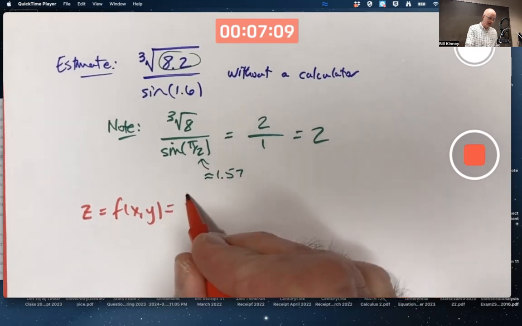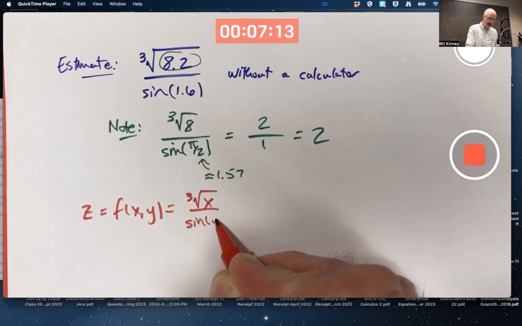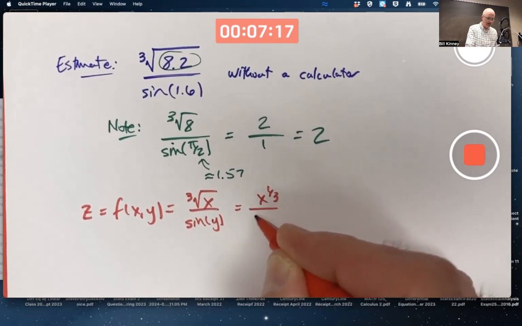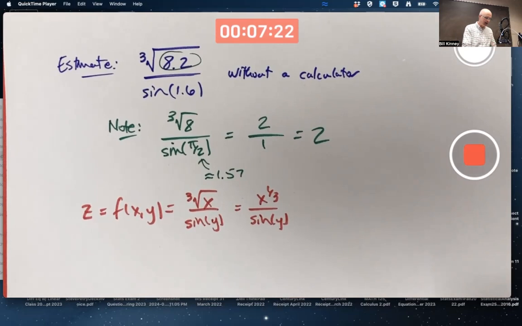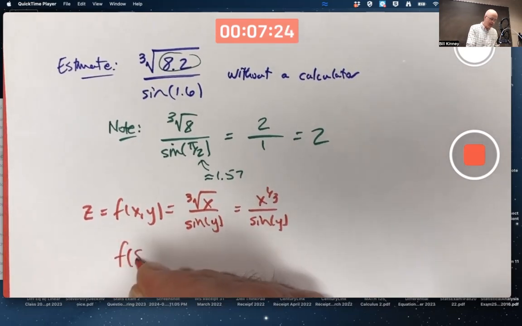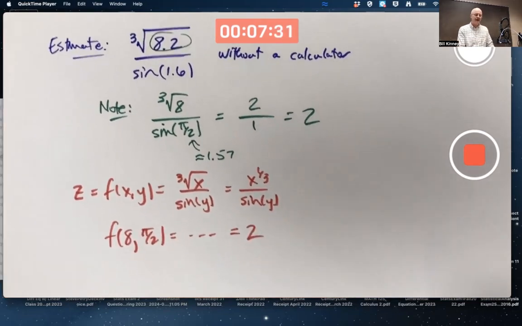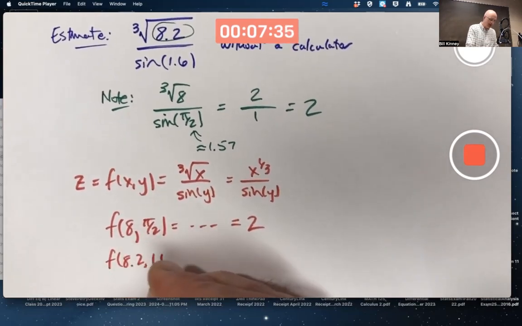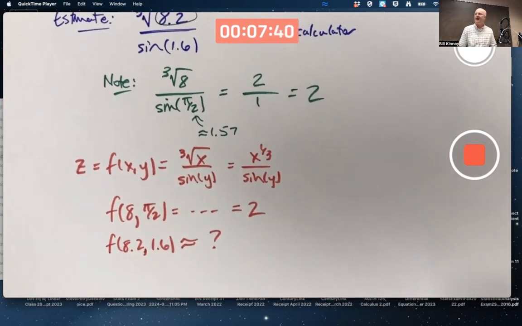So I need the cube root of x divided by sine of y, x to the 1/3 over sine of y. That function's value at the exact point x is 8, y is pi over 2 is exactly 2. We want to know its value at 8.2, 1.6, its approximate value without technology.